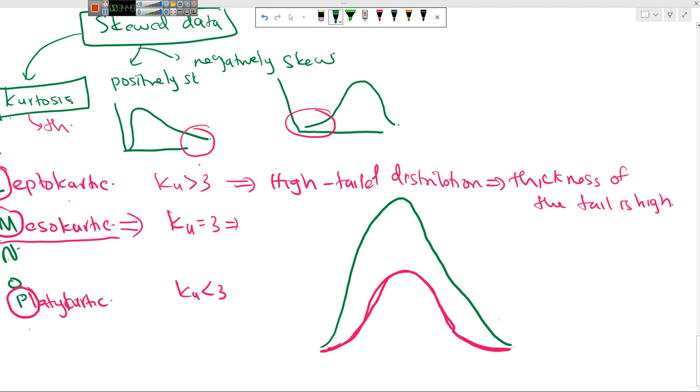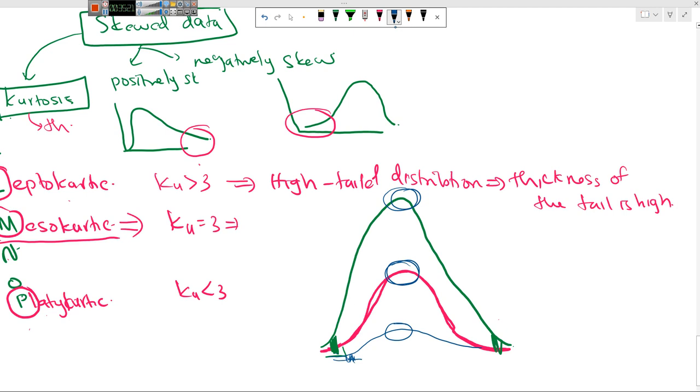You can see the thickness of the tail is high, but here it is moderate. But if it is platykurtic, it will be something like a flat shape. Here the peak is sharp, here the peak is moderate, but here the sharpness of the peak is very low, and the thickness of the tail is also very low.